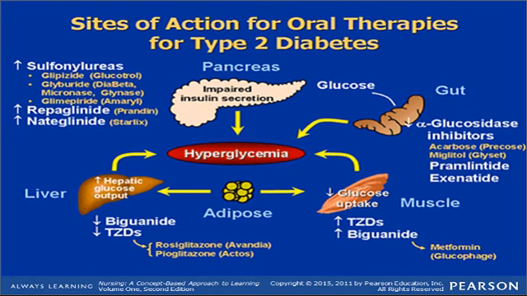Second, alpha glucosidase inhibitors. Acarbose is the only one you need to know with this. It's not given very often. It has to be given at the start of each meal. It does not cause hypoglycemia. It is an additive: when you're giving them everything else to control their diabetes and you still can't control them, they might add in acarbose.